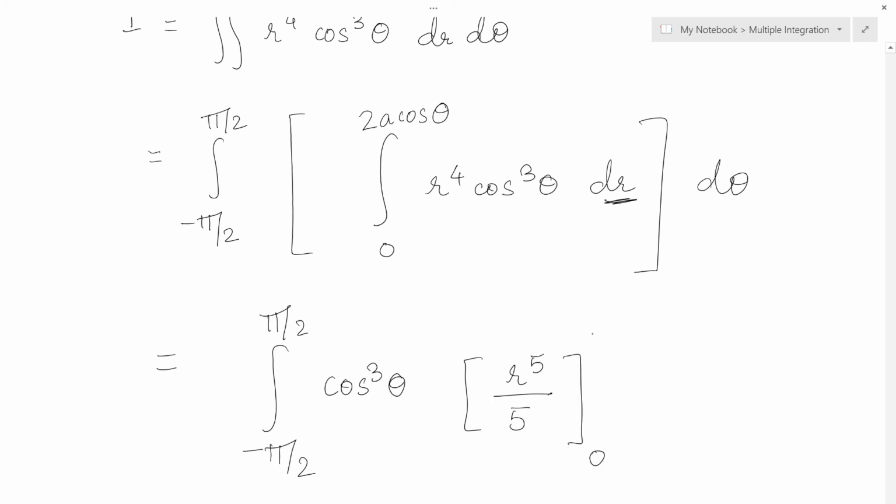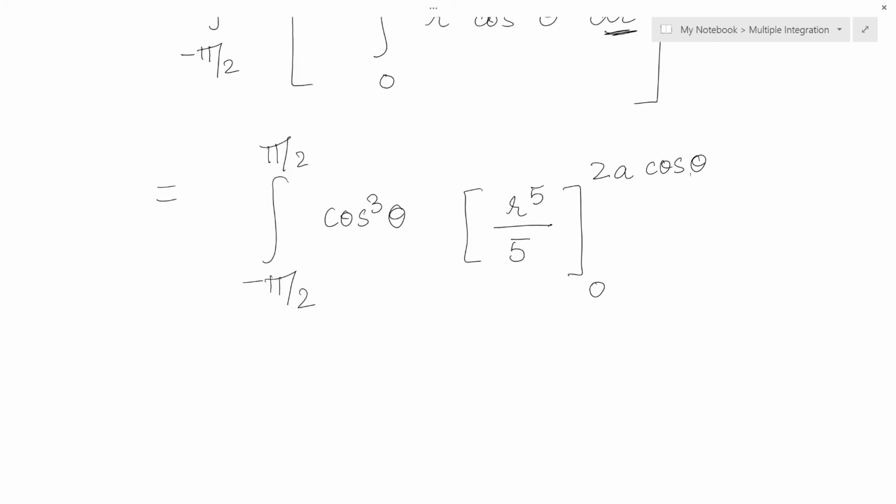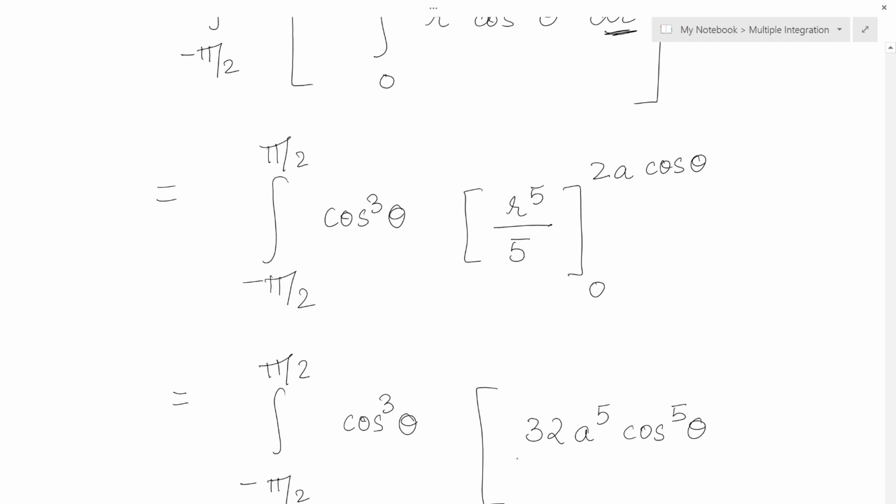So r raised to 4, the integration is this. Now you can substitute the limits over here. So that will be minus pi by 2 to plus pi by 2 cos cube theta. 2 raised to 5 is 32, a raised to 5 cos raised to 5 theta upon 5 d theta.